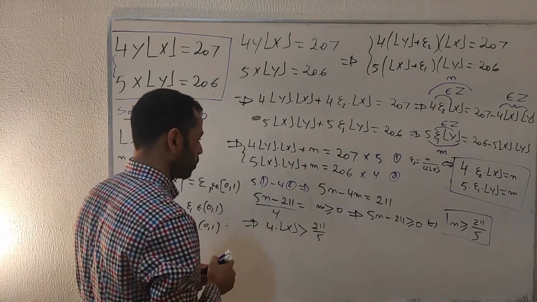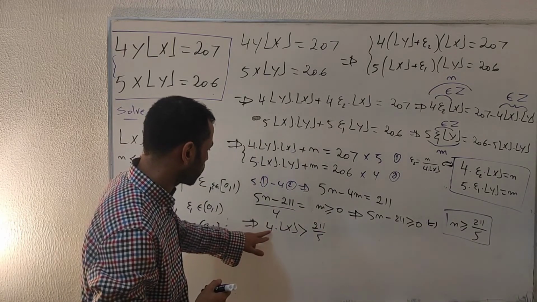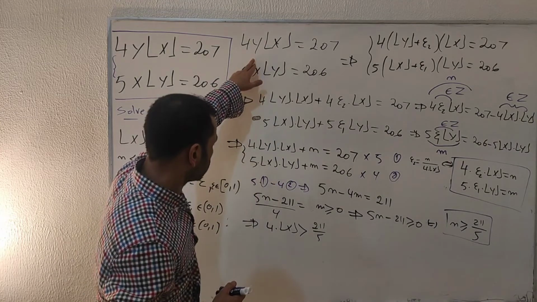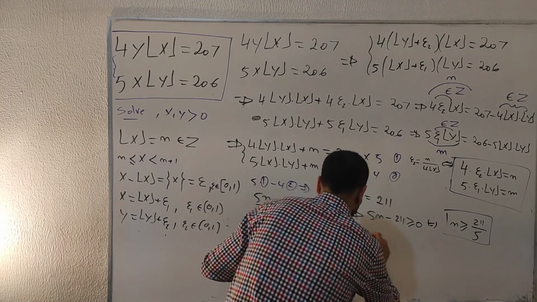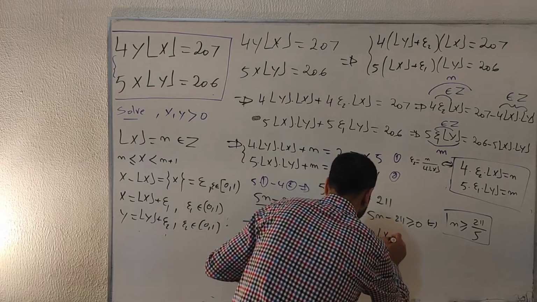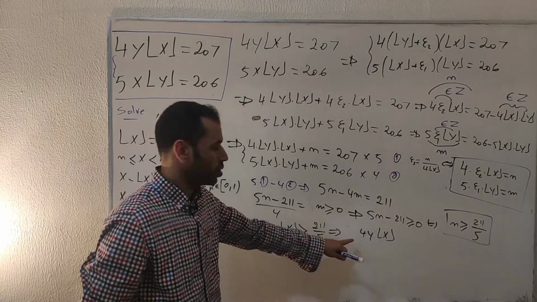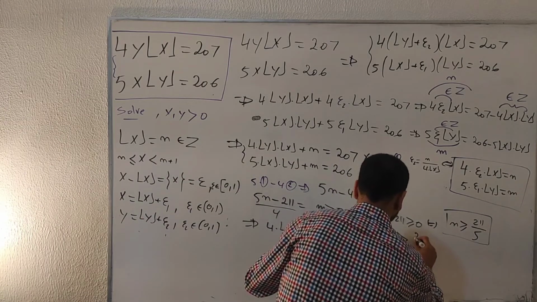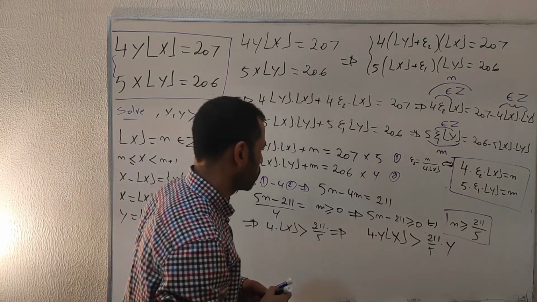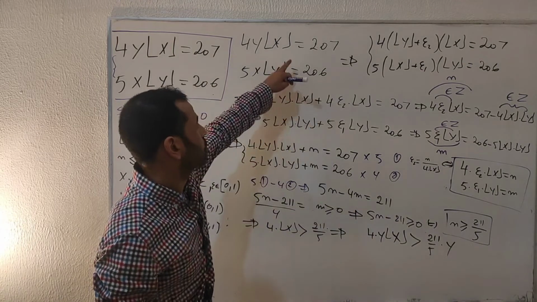Then I'm going to multiply both sides by y. I get 4y multiplied by the floor of x is strictly superior to 211 over 5 times y. So we know 4y multiplied by the floor of x equals 207.